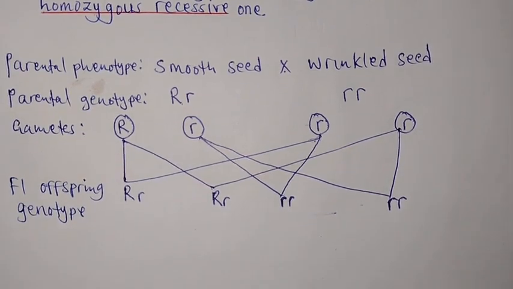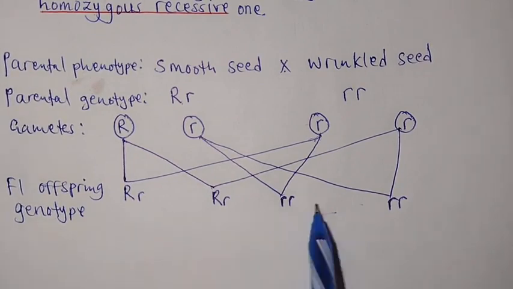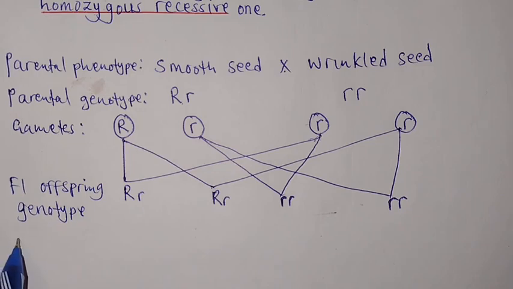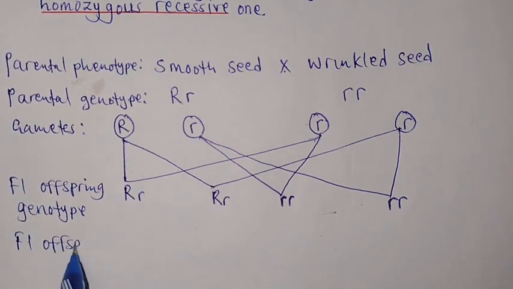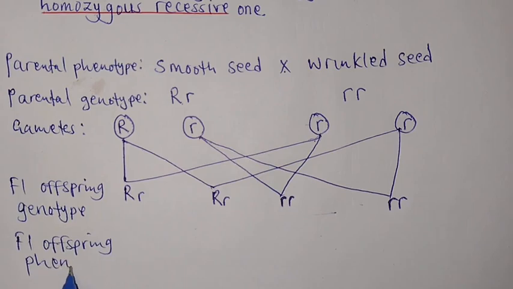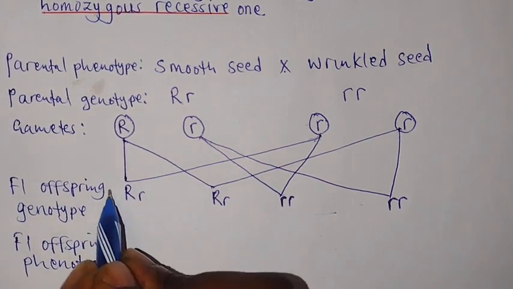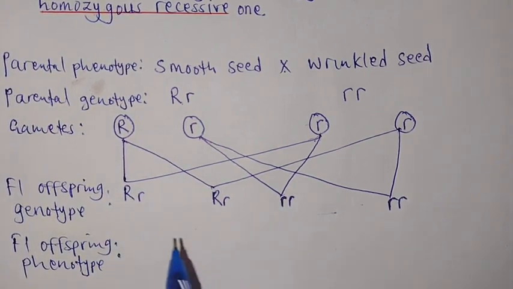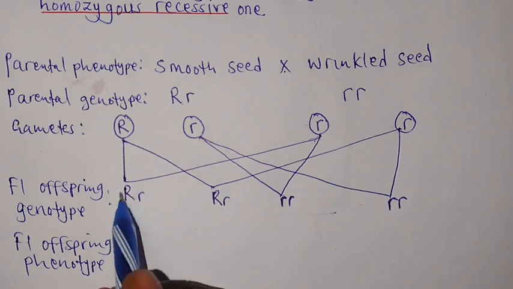Now we need to come up with the phenotype of the offspring. So here we are going to write F1 offspring phenotype. Remember, this phenotype will be written looking at the genotype. The first child is heterozygous.